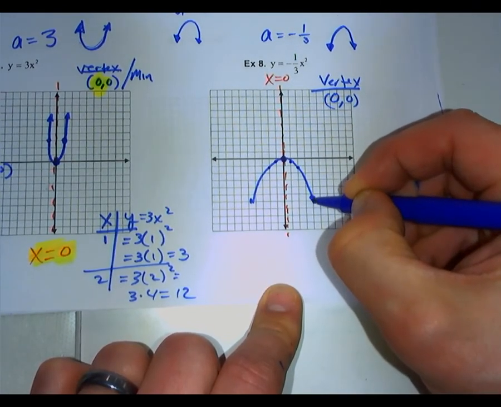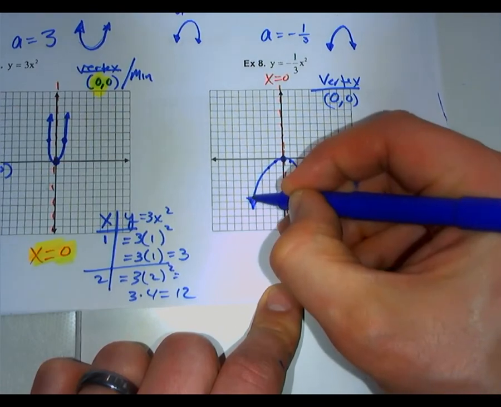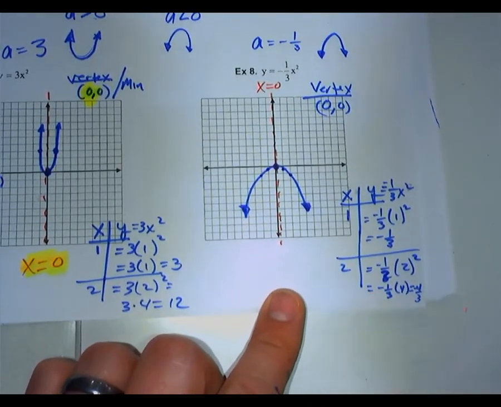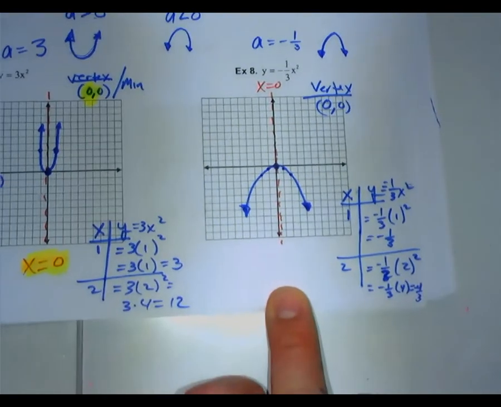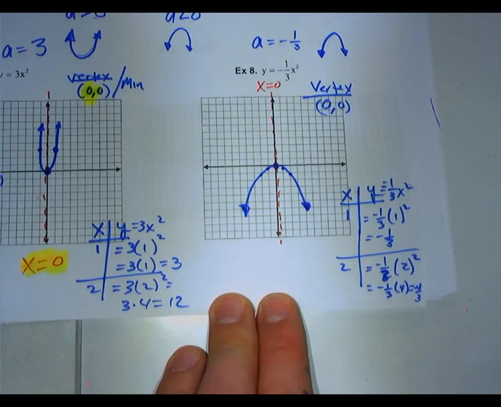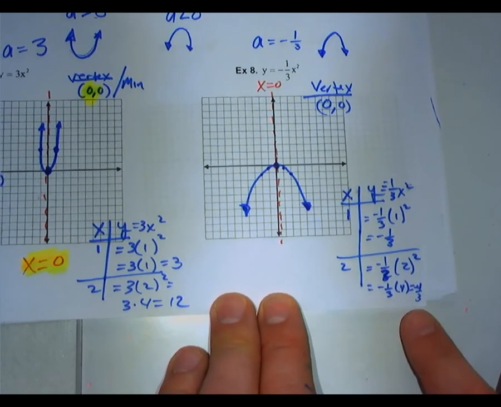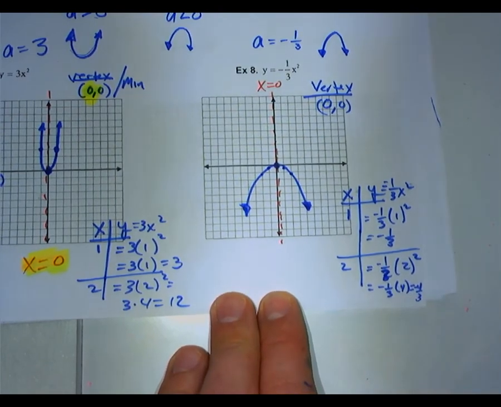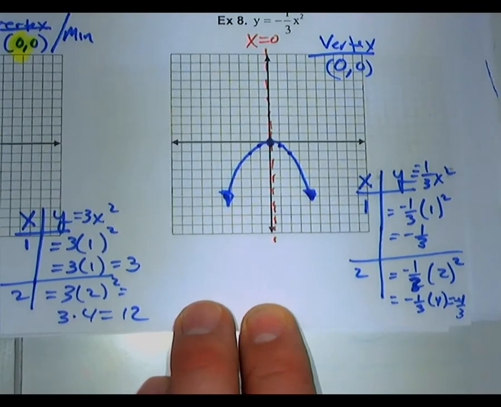Something like that. Arrows on the ends, continues on. Okay. I do ask that you graph at least 3 points: the vertex, and at least 1 on the left and 1 on the right. If you can graph 5 points, makes it even better. Okay. Any questions on what's going on with this graph? You guys, are you able to see this? I can zoom in a touch if you need to see this guy here.